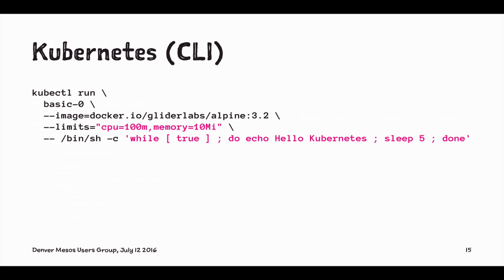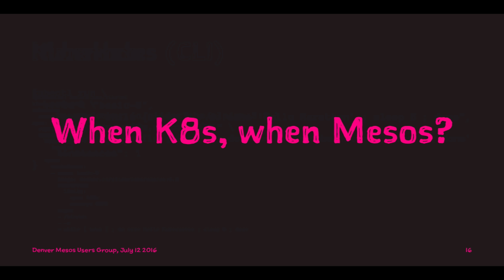We start with a name, we have an image, we have limits, and then we have a double dash, everything after which is the command. So we're running the basic shell with this string, and this works just fine. It'll be scheduled in the Kubernetes cluster, and if you destroy it or the node goes away, it'll get rescheduled, just like all these dynamically scheduled systems. So that's a comparison of the image formats.